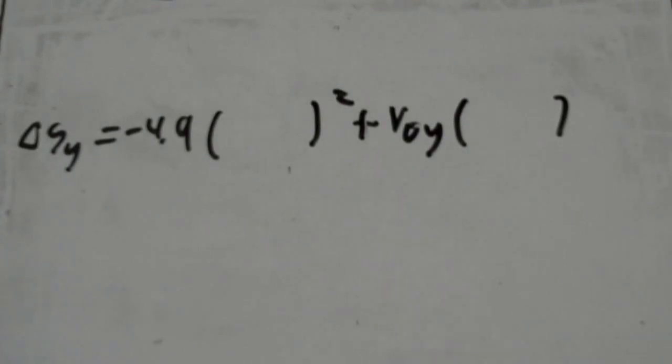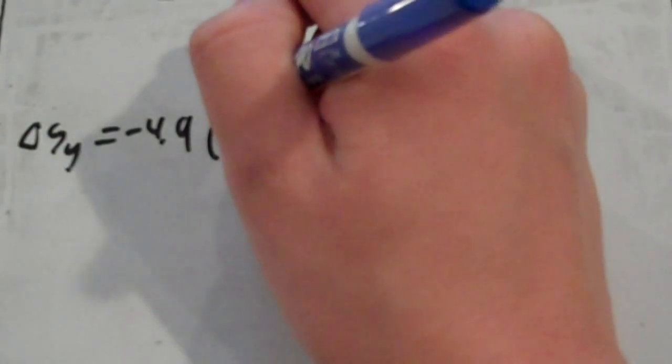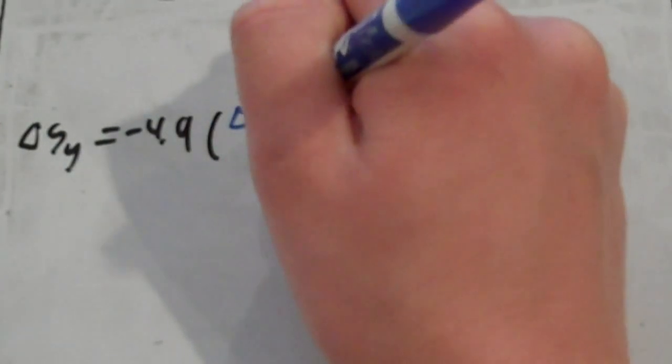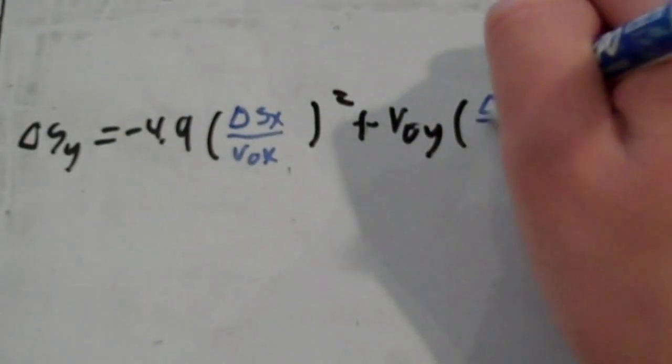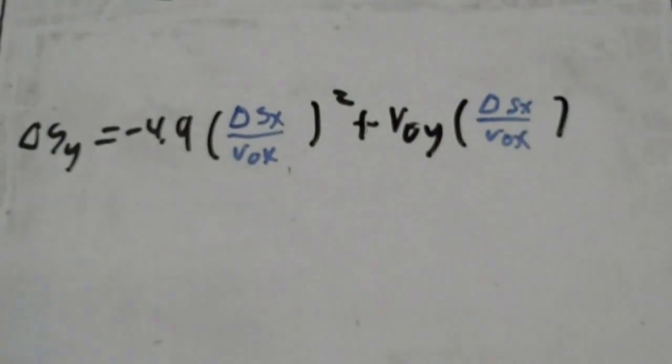So, since the time's the same, we can plug in our horizontal velocity equation, which was this, for time. And then we can do some solving and have it so that the whole equation equals the initial velocity.